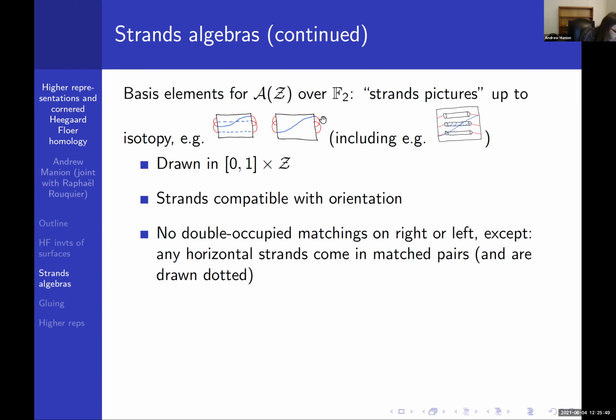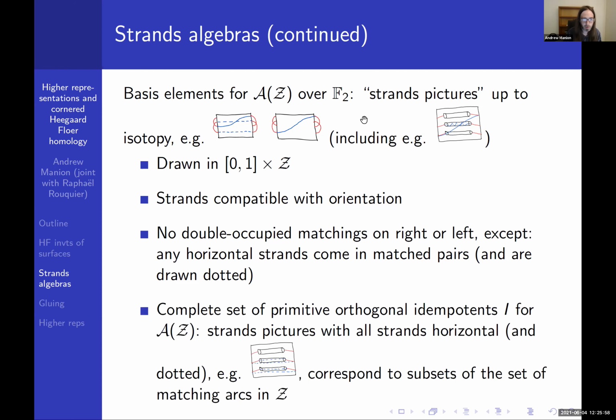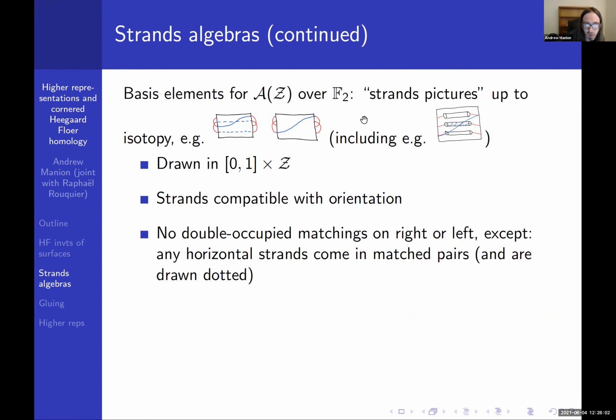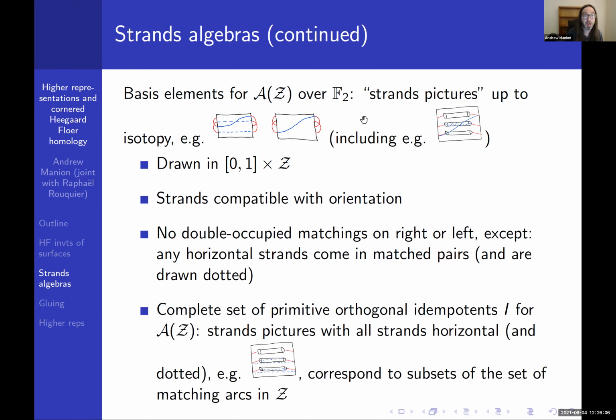Okay, and then all of these types of pictures I can draw, I form a vector space formally spanned over F2, my favorite field, by these. And well, I should say what multiplication is, when I say that, the following term, idempotent, will make sense. Right now, I just have these particular elements that don't have any moving strands.